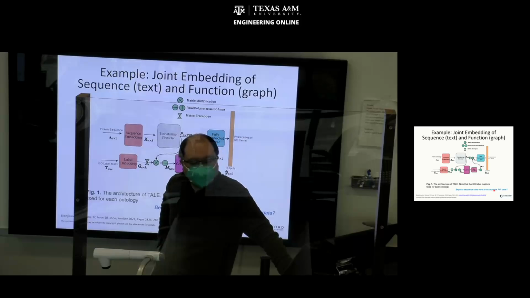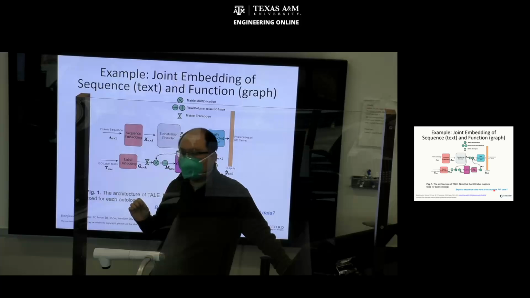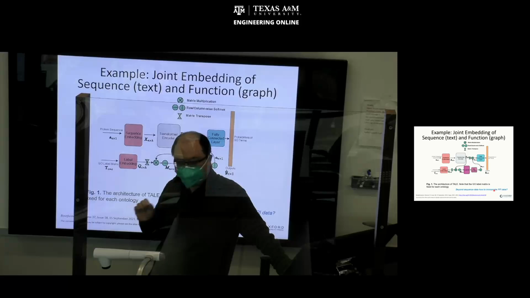So then on this graph neural network, what does each node represent? The graph is for protein-protein interaction. So what is each node? A protein, right?